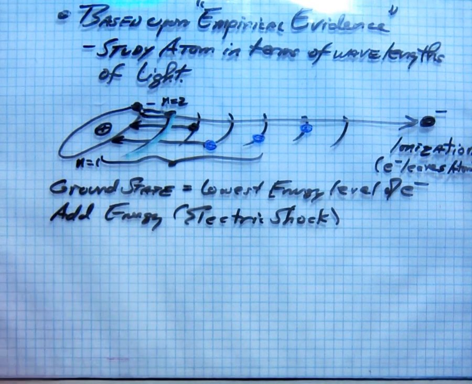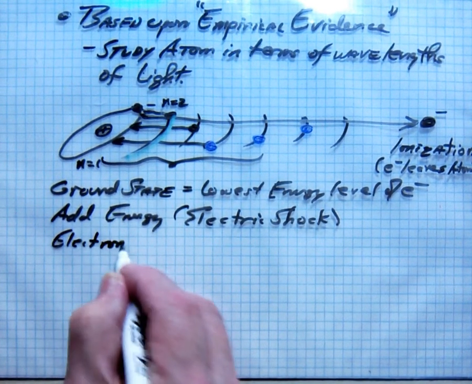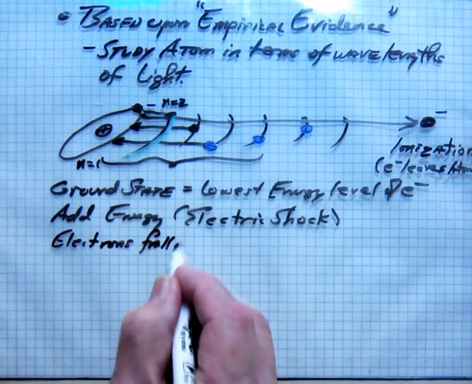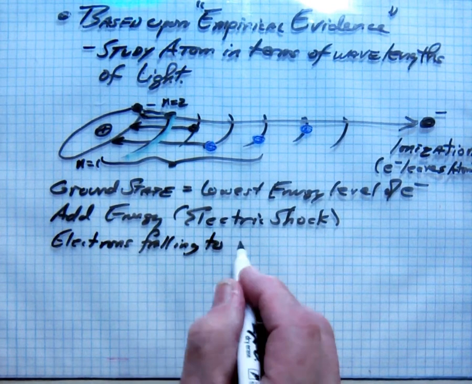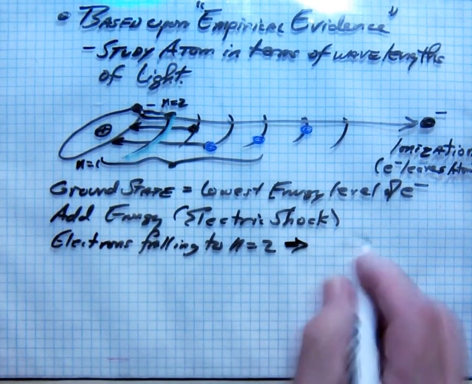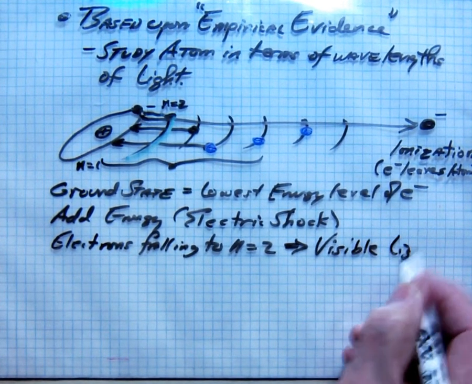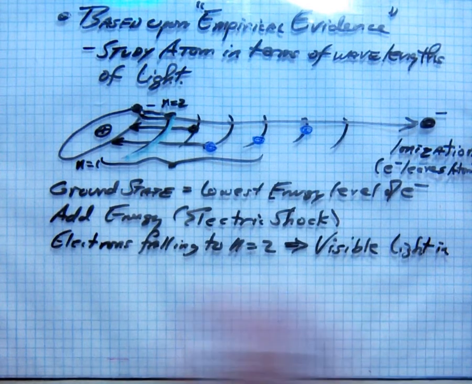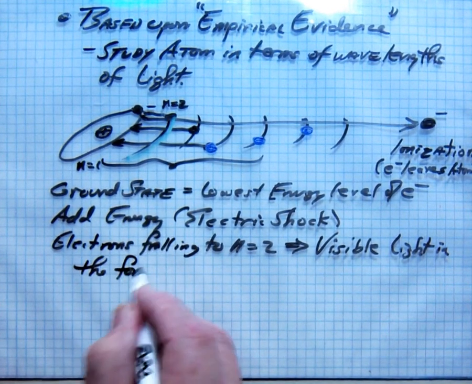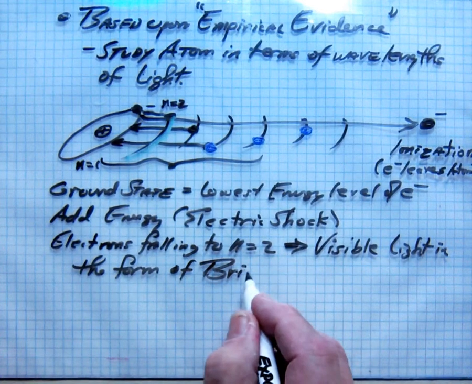So electrons falling to the second level yield visible light, in the form of bright line spectrum.